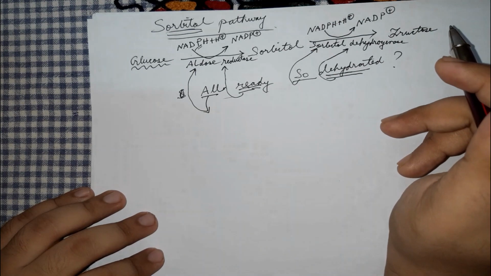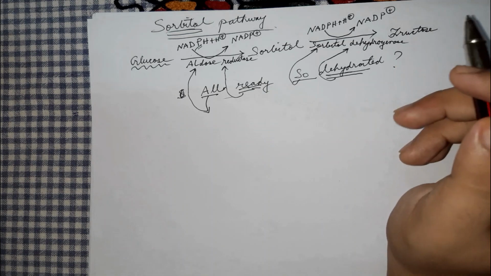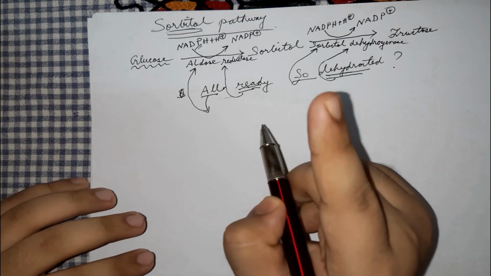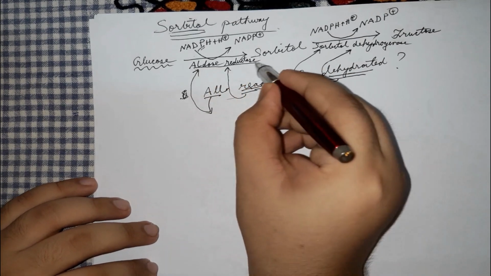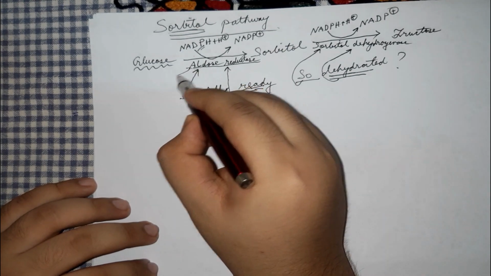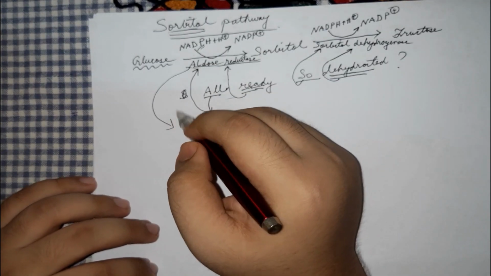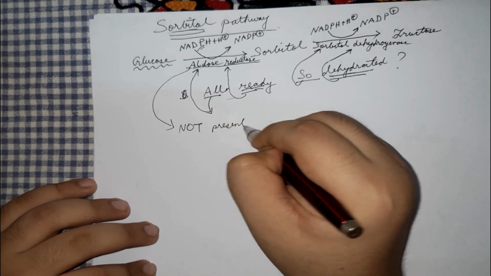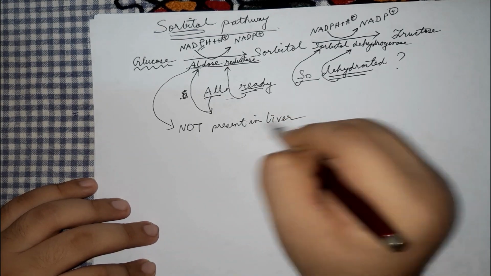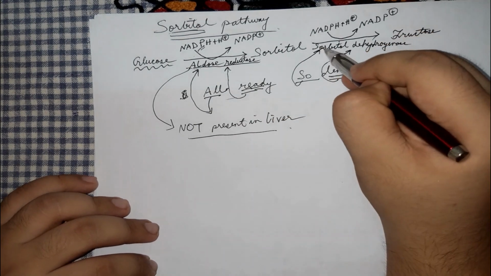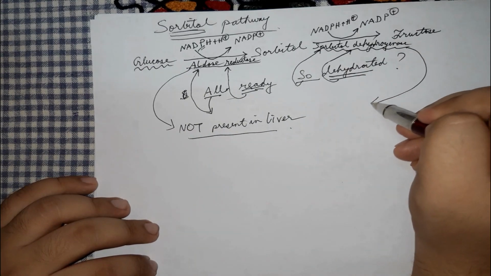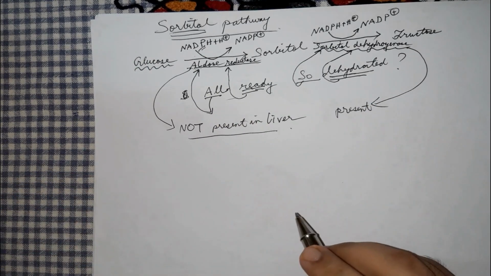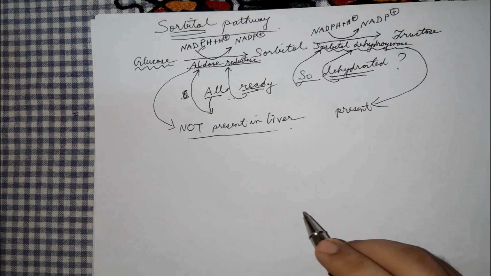That should ring in your mind. So that is sorbitol dehydrogenase. One very important detail that I would like to present here is that aldose reductase is not present in liver, whereas sorbitol dehydrogenase is present in liver. This is important information, I think.